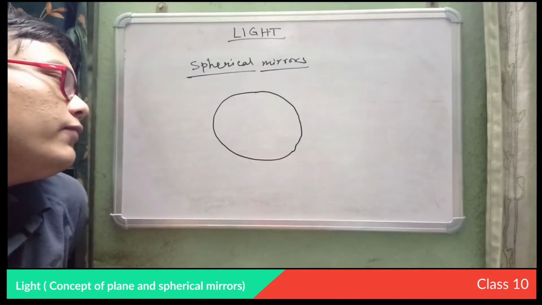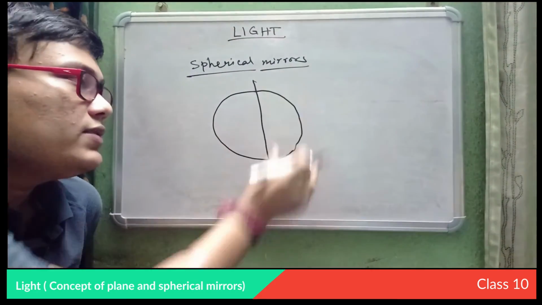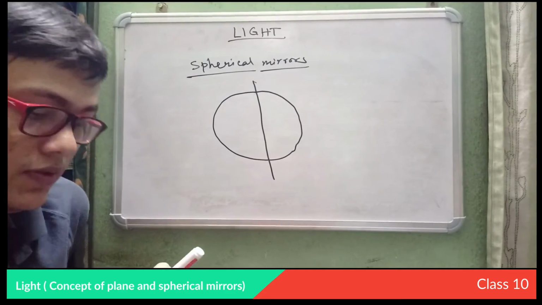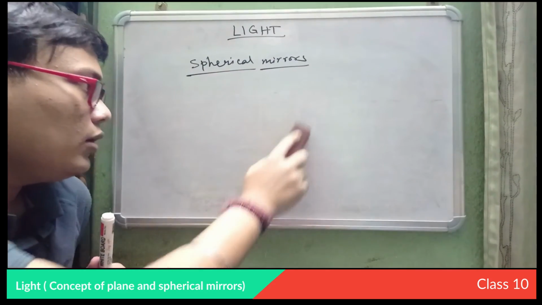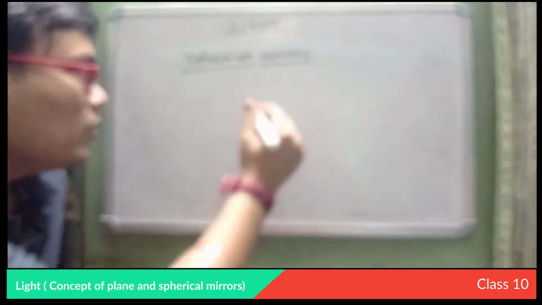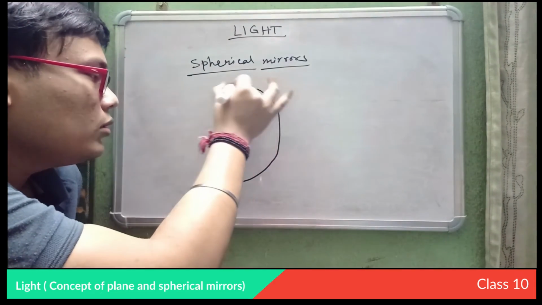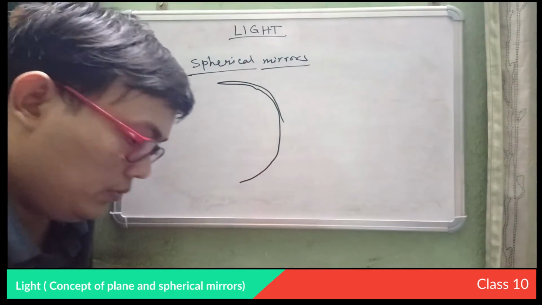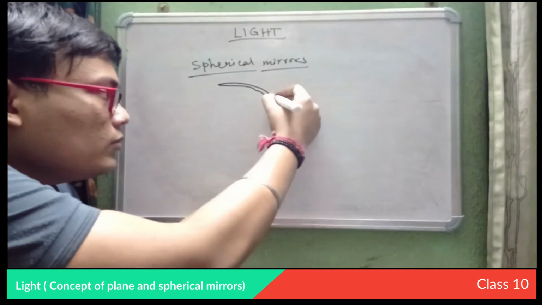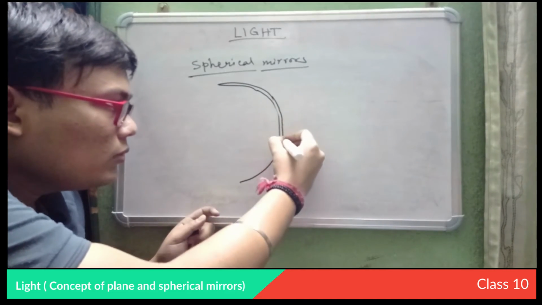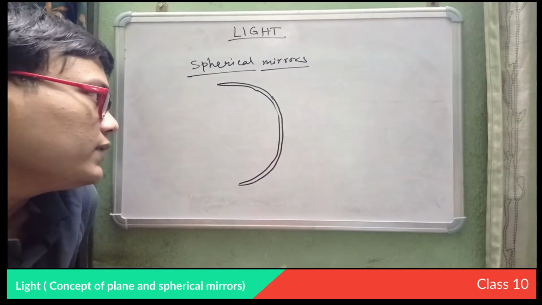Now, if we bisect this hollow sphere into two parts and take the right hand side part of this sphere, we get something like this.